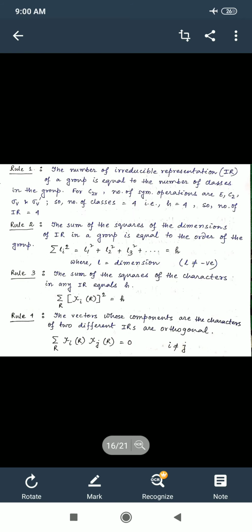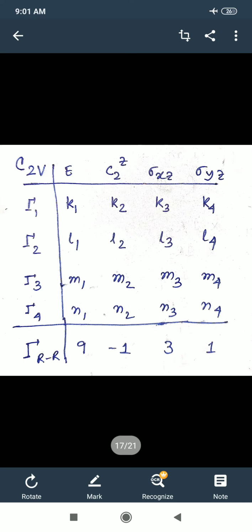Next, rule number 4. The vectors whose components are the characters of two different irreducible representations are orthogonal. That means, suppose the vector in case of E with respect to Bethe notation 1 is K1, and if I take another representation, Bethe notation 2, for the E operation, that is L1.